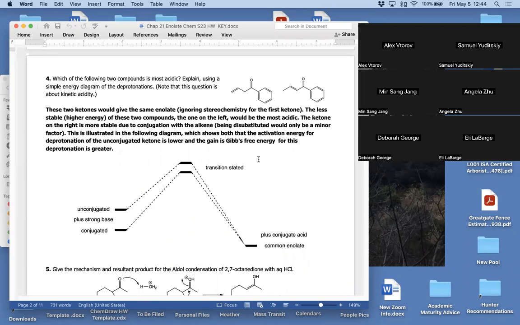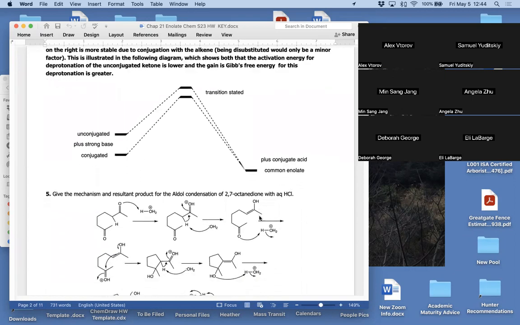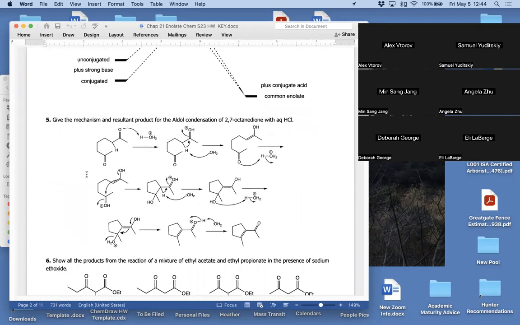With a test coming up, I would see if you can follow this, but I wouldn't freak out about this one, okay? Five is again a mechanism practice. So the acid catalysis can result in an annoying number of steps, but you just go through them.